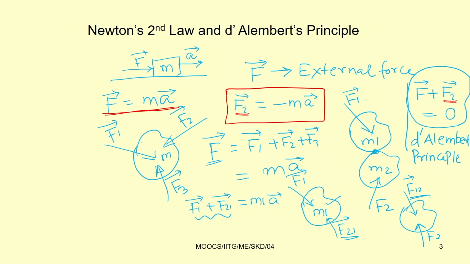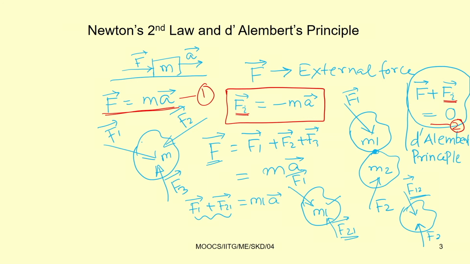So, equation 1 and equation 2 are not different, they are the same. But by bringing this inertia force to the left hand side, we have converted this dynamic system to an equivalent static system. In a static system we can apply the virtual work principle.